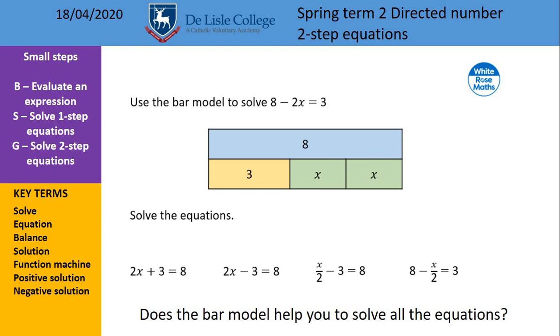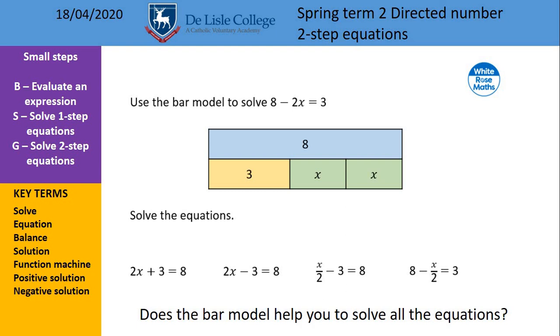So this is very similar to the other ones we've looked at, but previously we may have expected the equation to be 3 plus 2x equals 8. But obviously, like I say, with fact families, there's various ways we could write this. We could say that 8 take away 3 would leave 2x, so 8 minus 3 equals 2x.